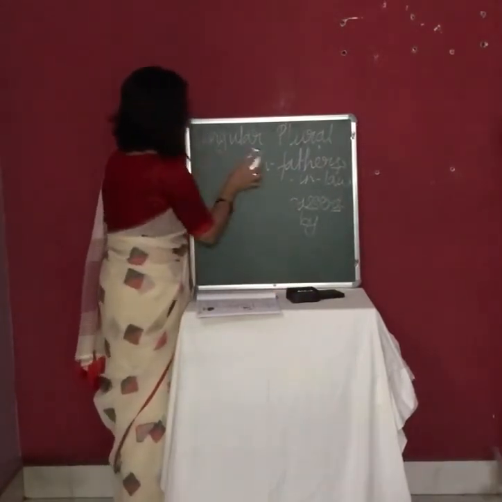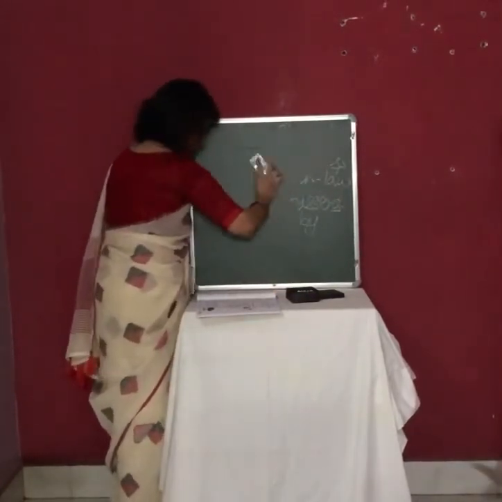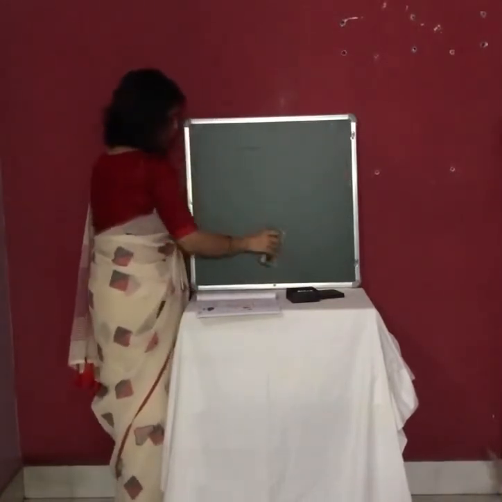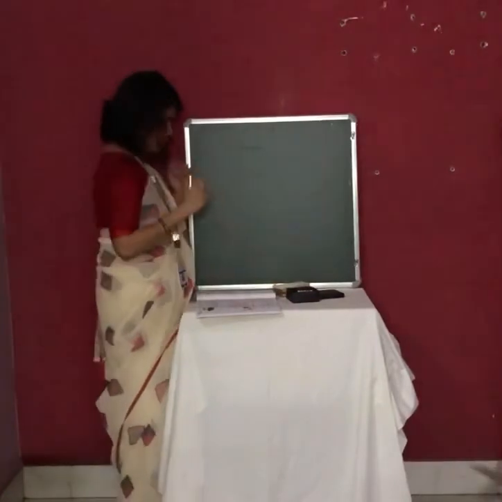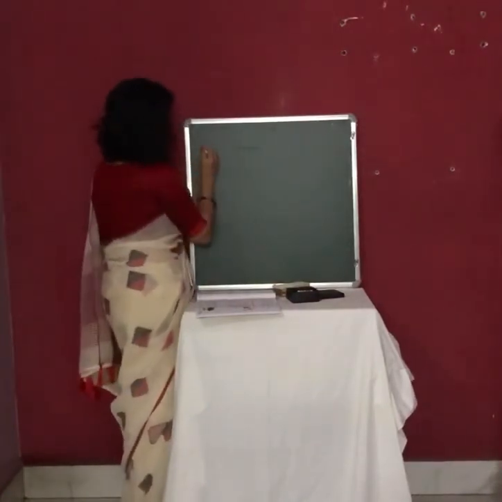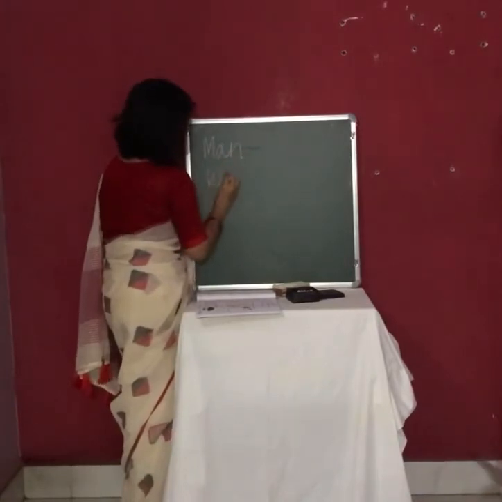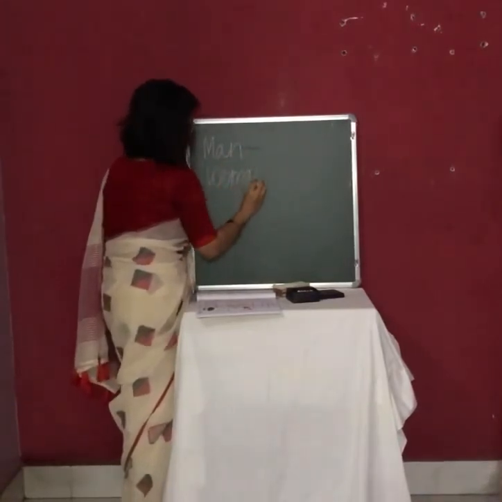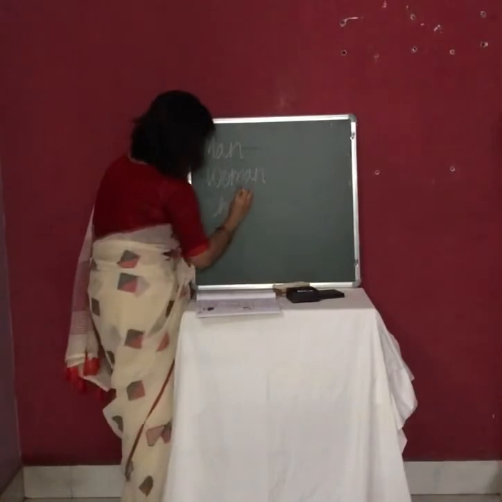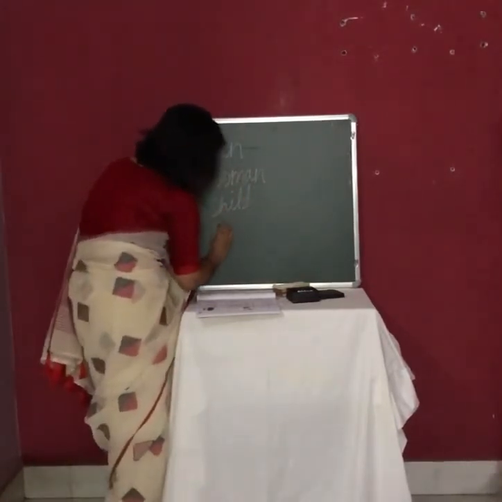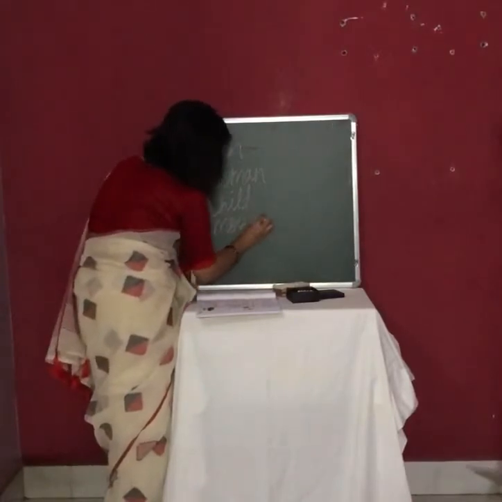Now, we have come to the last set of rules to remember when we are doing singular and plural. The next one. There are words such as man, woman, child, then mouse.